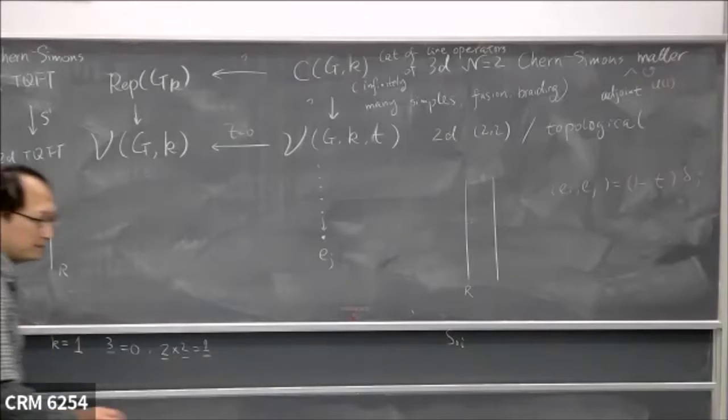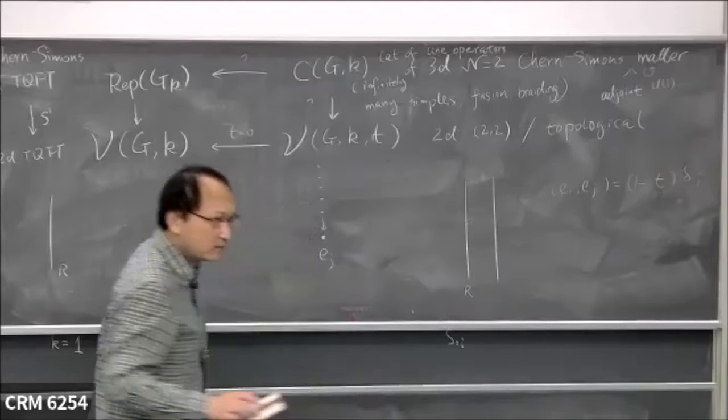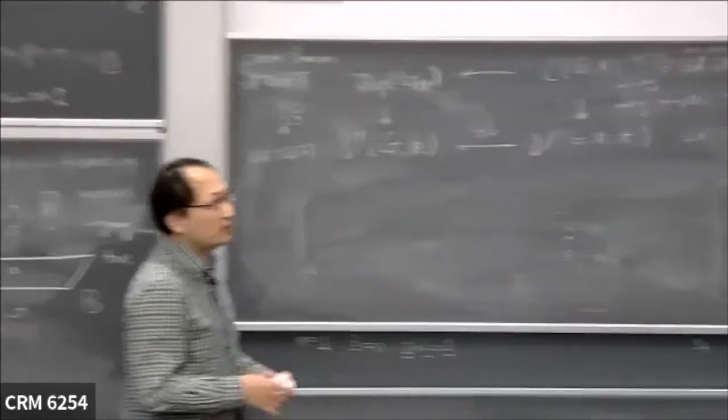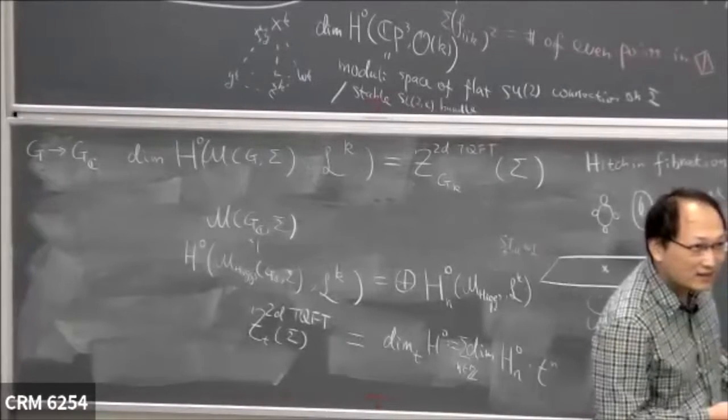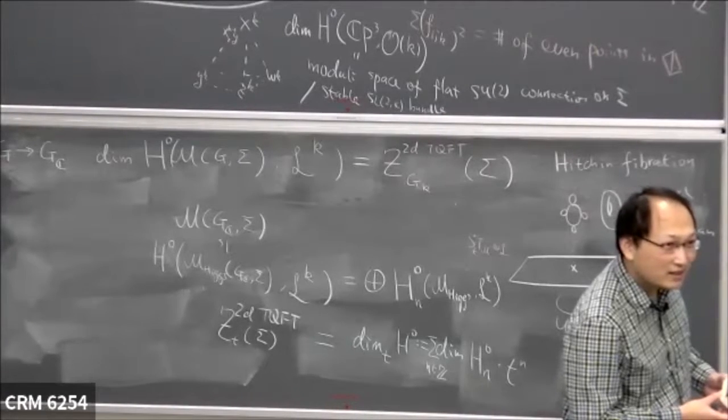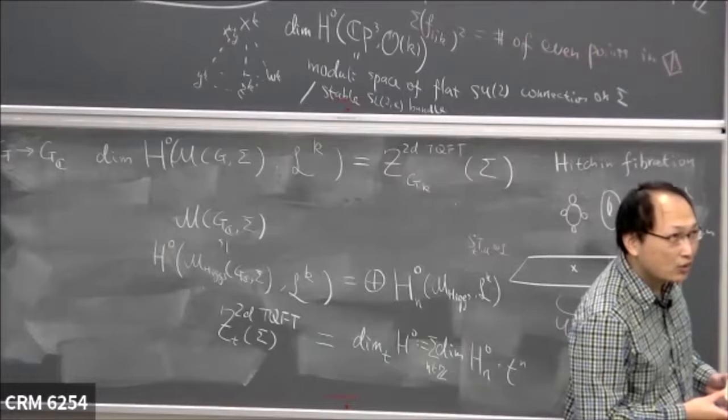Can you say what it is in terms of quantum homology? Is it the equivariant quantum homology, Floer homology? I was asking if you can say what the definition is in terms of quantum homology. Quantum cohomology.